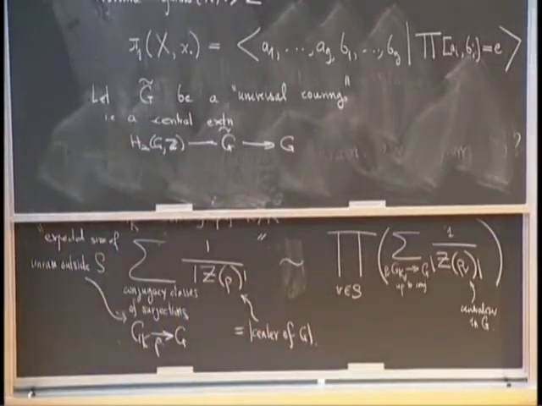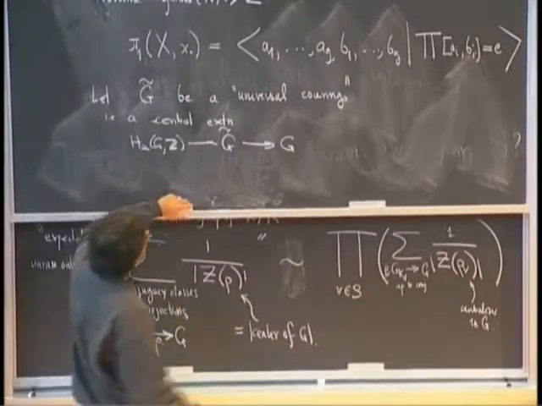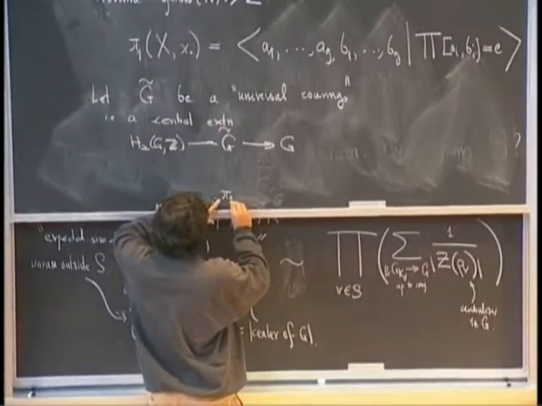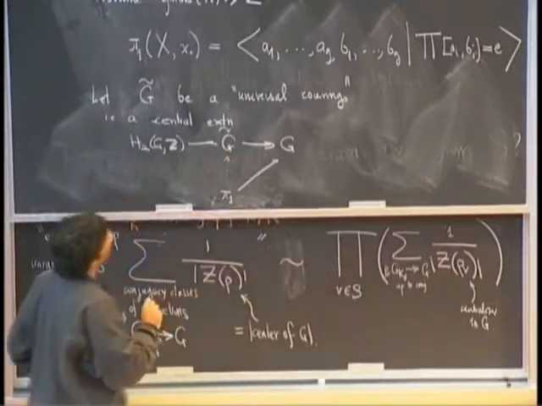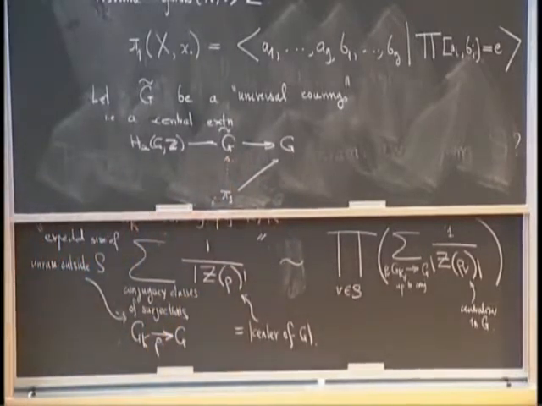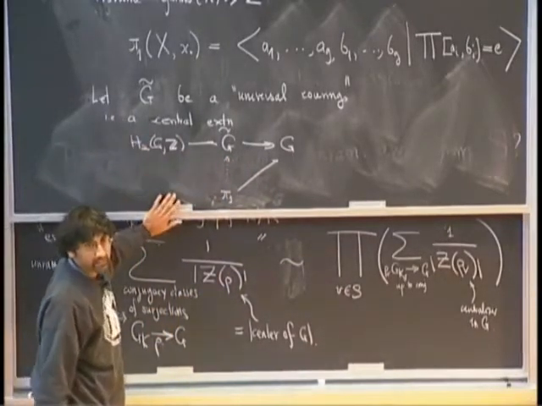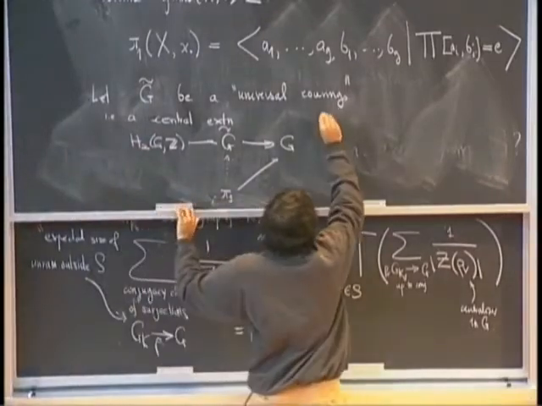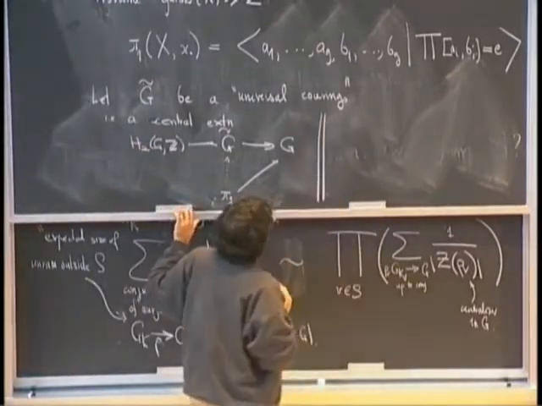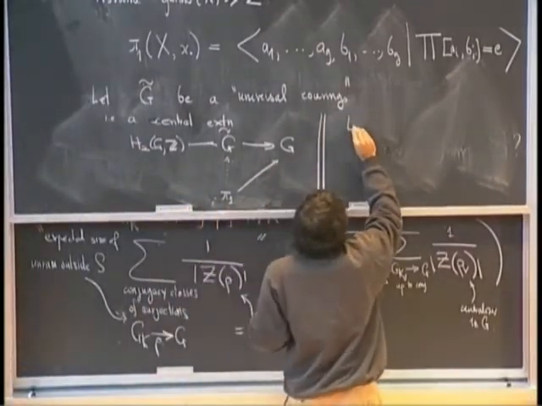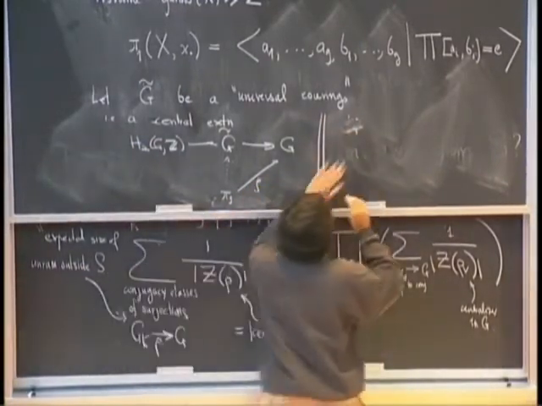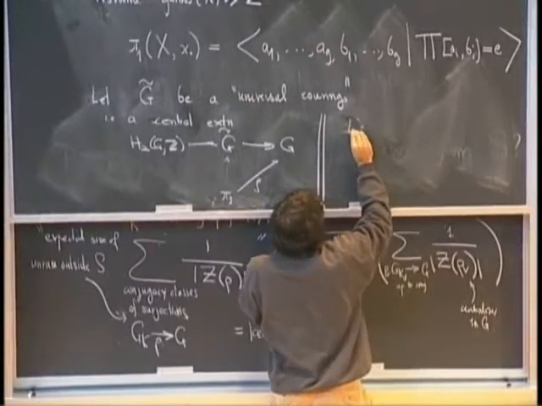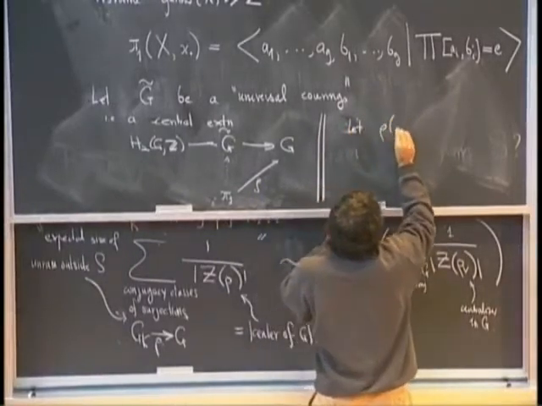And the way we're going to define this invariant is we're going to see what happens as we try to lift this map from pi 1 to this covering. The reason I'm going through this is I want to replicate it in the number field case in a second. So we have some homomorphism here, rho.